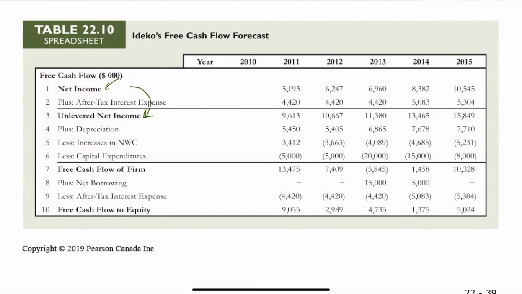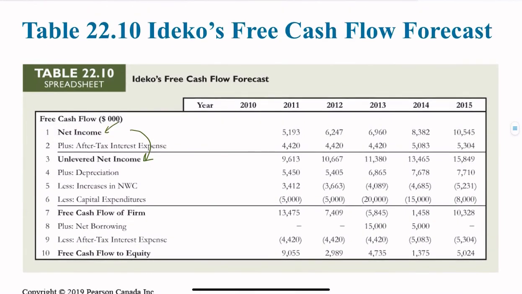So essentially what we are doing here is we use net income plus after-tax interest expense. So this will give us unlevered net income.